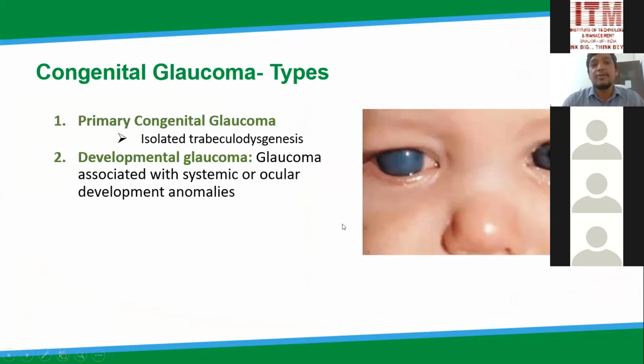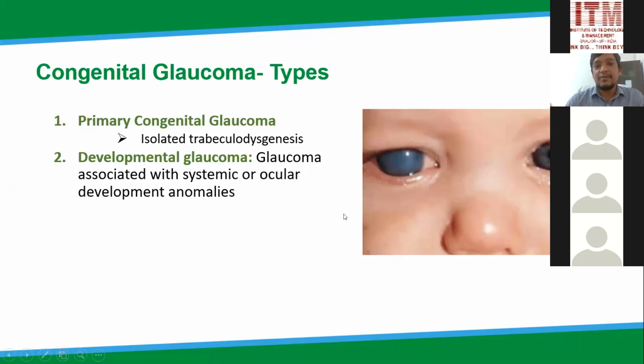In primary congenital glaucoma, the child has increased intraocular pressure without any other ocular or systemic abnormalities. The other eye parts are working totally fine, and there is no systemic abnormality in the body, still there is an increase in the intraocular pressure. That is called primary congenital glaucoma, and sometimes it is also called trabecular dysgenesis.